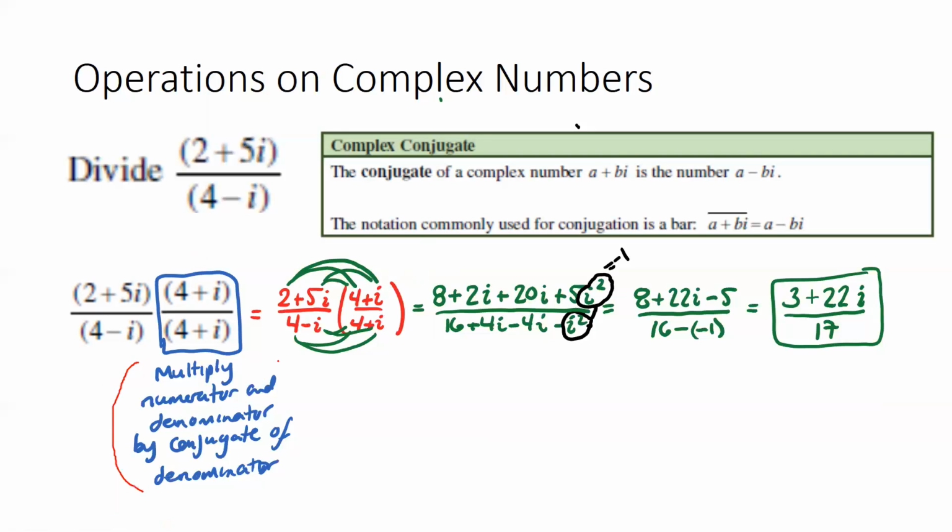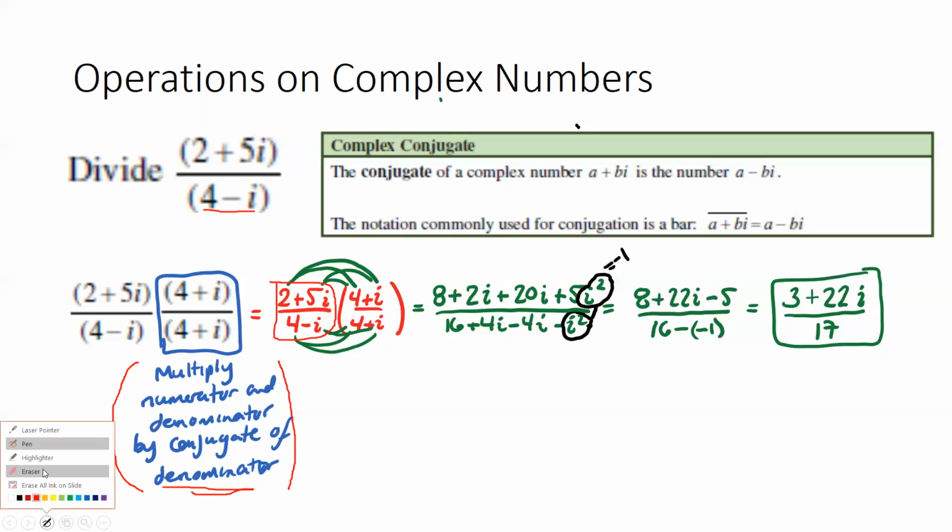Boom, this guy here. If we multiply the numerator and denominator by the conjugate of the denominator, you'll see the denominator knocks out. So here's the original bit. And the denominator here is 4 minus i.